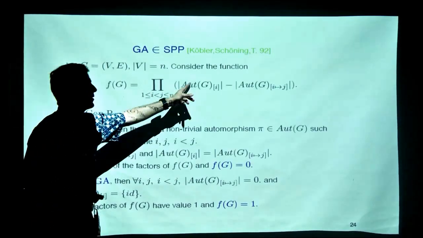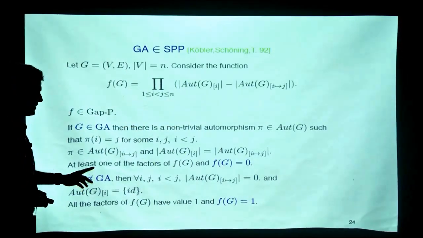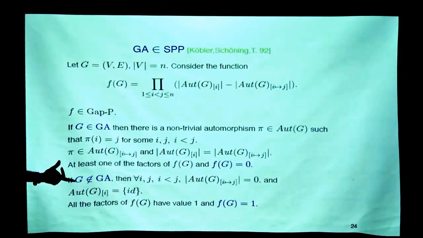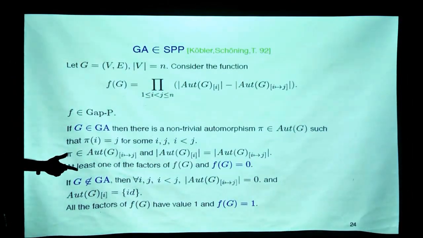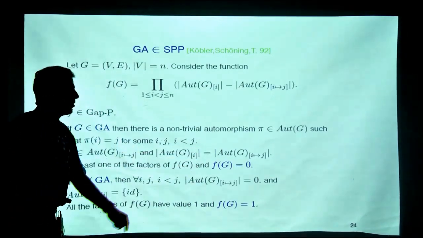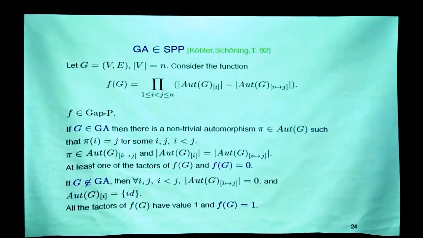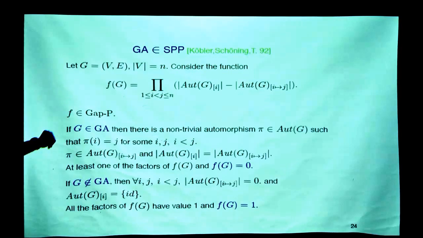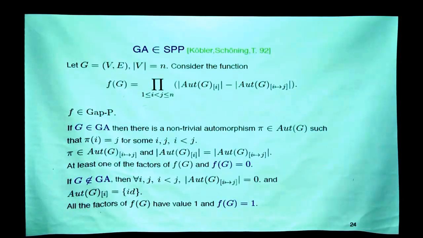So all these numbers are 1, so we have a product of 1, and this is 1. So we have that this function is 0 or 1 as we wanted, because of the difference of accepting and rejecting paths, and that shows that this problem is in SPP.